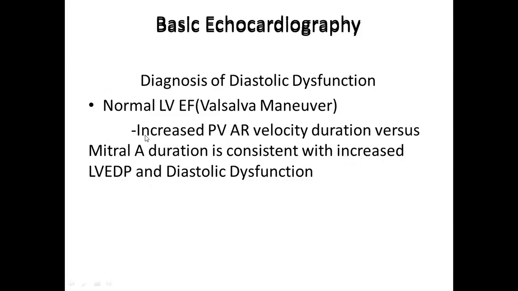Also, we had mentioned that an increase in the pulmonary vein atrial reversal velocity duration versus the mitral A duration is consistent with increased left ventricular end diastolic pressure and diastolic dysfunction. So let me just remind you what we're talking about.